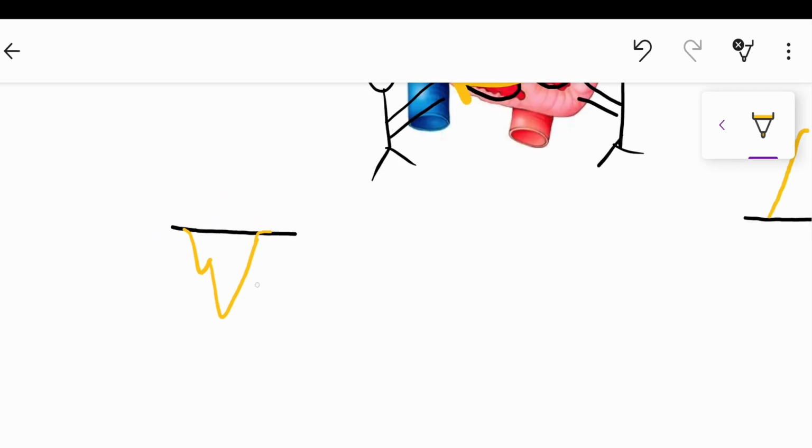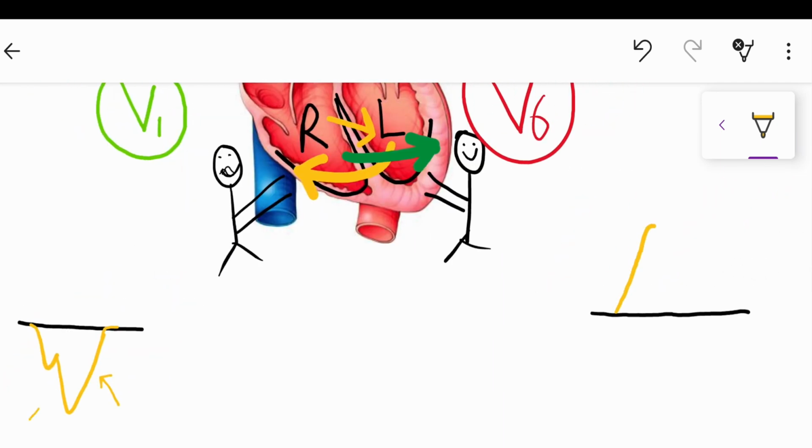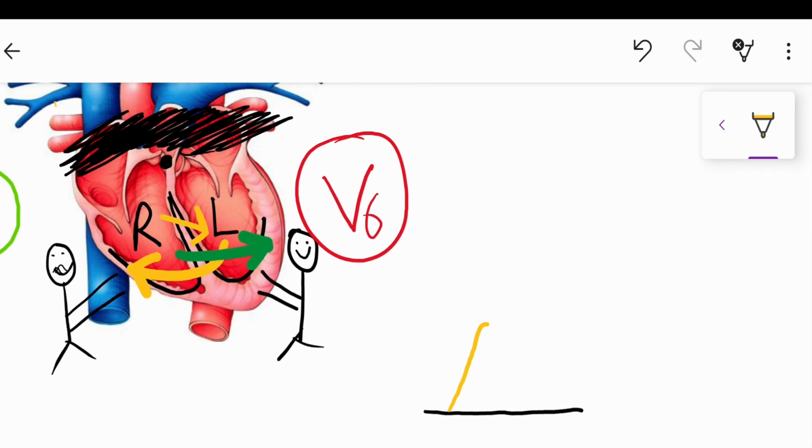This signifies the repolarization. This is the negative deflection going towards the left ventricle. And if we look to V6, we're going to get a positive deflection. This is our positive deflection.